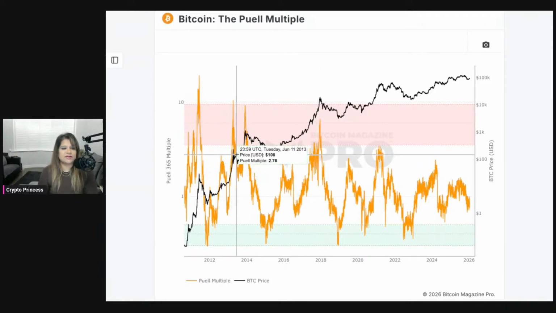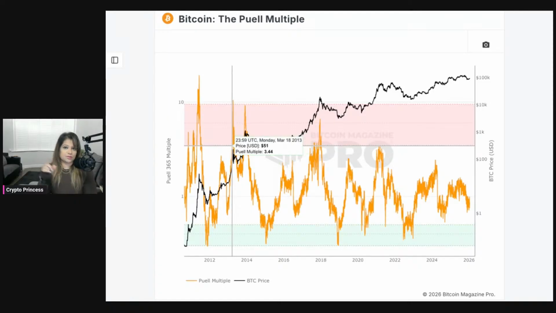And we see it here as well. We see it here in March 2013. When was the all-time high? It was April 2013. We see it here in November 2013. Their revenue went up very, very high. When was the all-time high? Again, it was in November 2013.